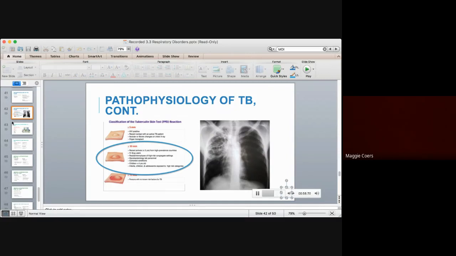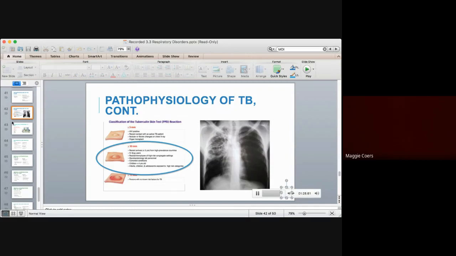If the older adult has HIV or is in contact with someone with active tuberculosis, or they're an organ transplant, we might go with a smaller induration as a positive test, because we want to be more cautious to catch things earlier on in people in those categories. So 10 millimeters is what you need to remember for a positive MAN-2 in an older adult.